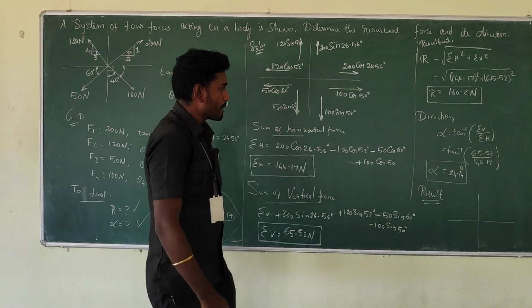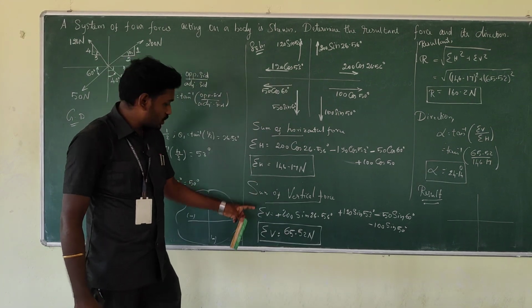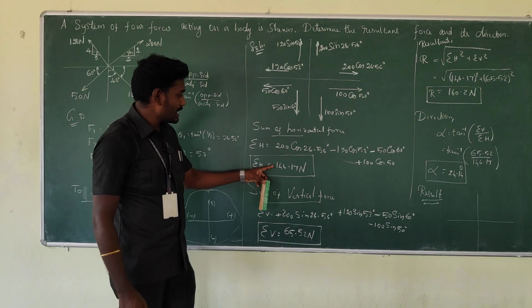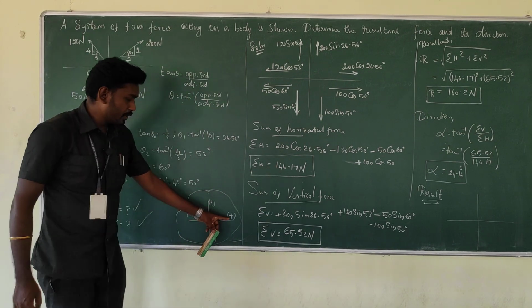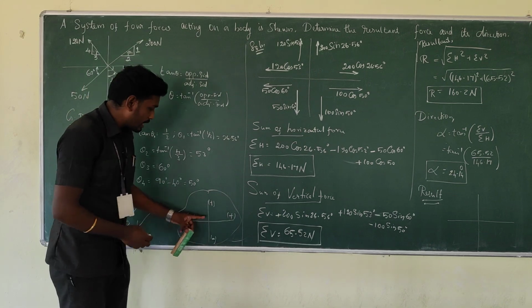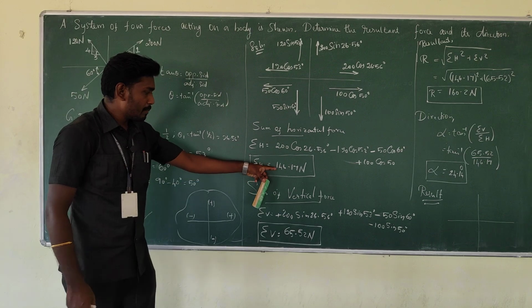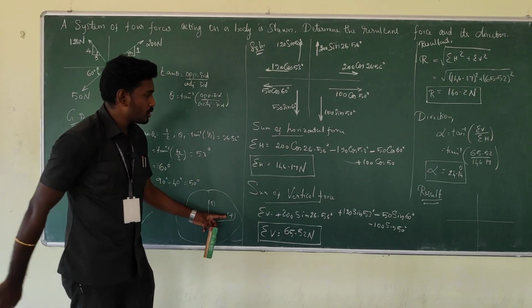For that, we have to note the summation of H and summation of V. Here, the summation of H value we got in positive. Positive means we know it is directed towards the right. Horizontal, positive in the sense it is directing towards right.